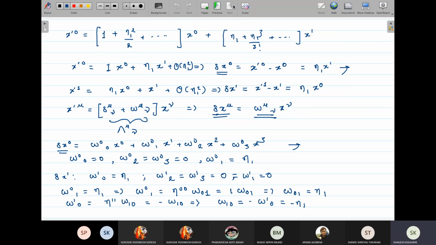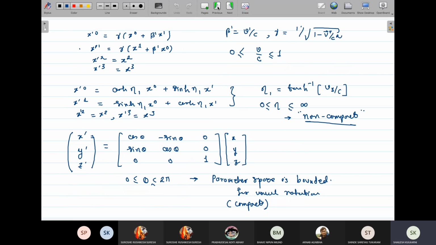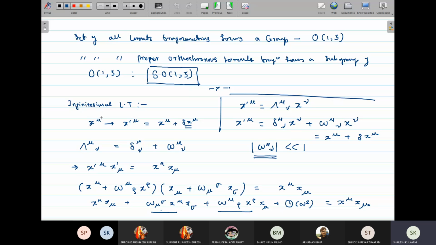Any questions so far? Similarly, we can consider the boost along the x2 direction and the boost along the x3 direction, and from that you will come to know what these omegas are, omega 20, omega 30, etc. So in this expression I know what these delta x are.